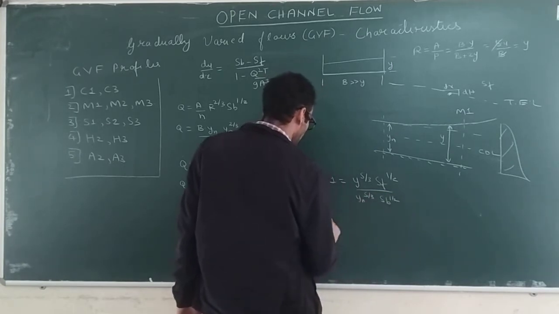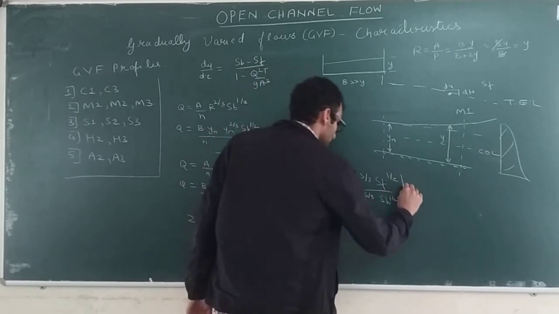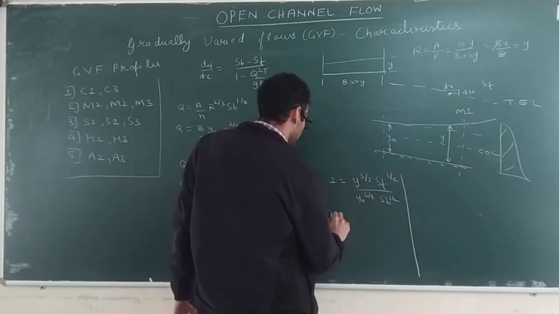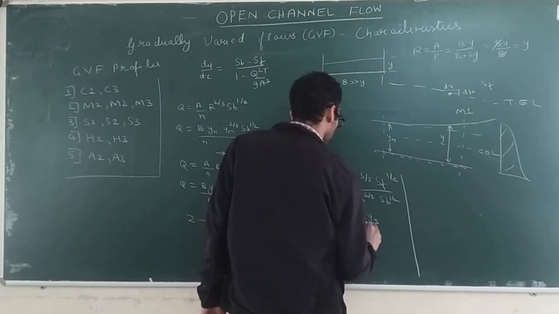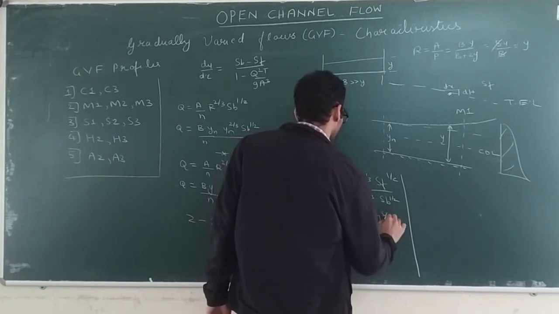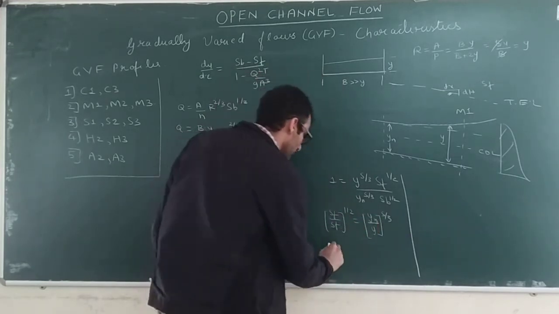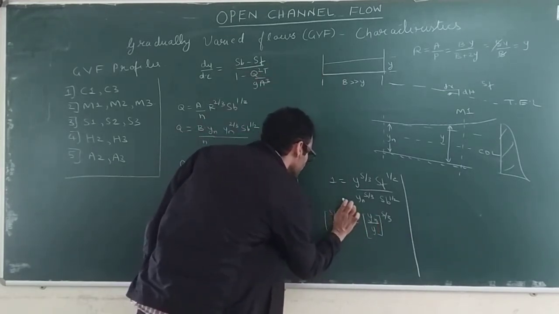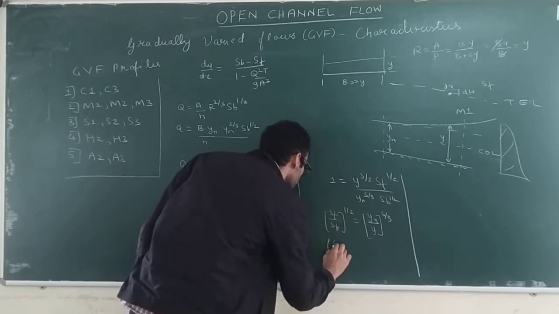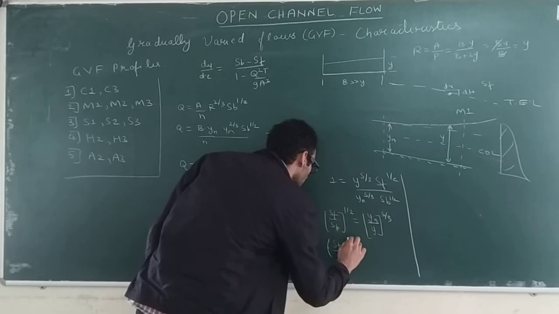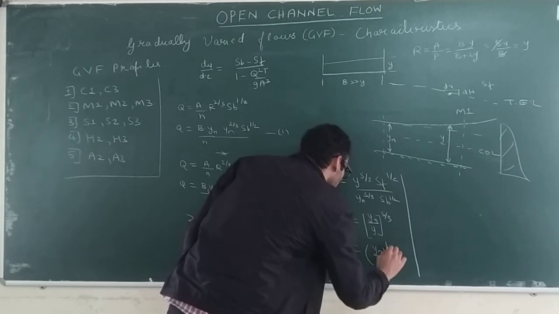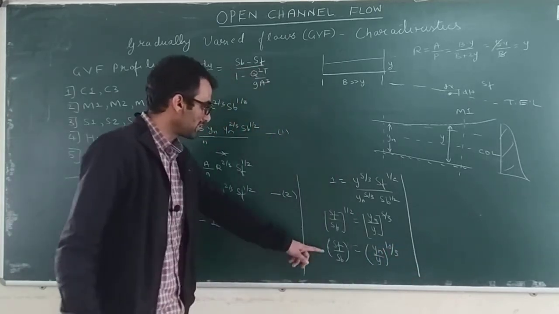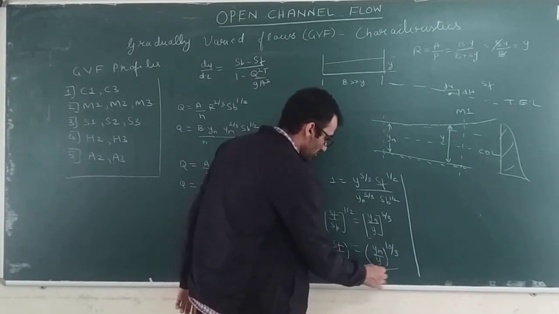So you can write SF by SB to the power half is equal to Yn by Y to the power 5 by 3. Squaring both sides, we will get SF by SB equal to Yn by Y to the power 10 by 3. So you can replace SF by SB by Yn by Y to the power 10 by 3.